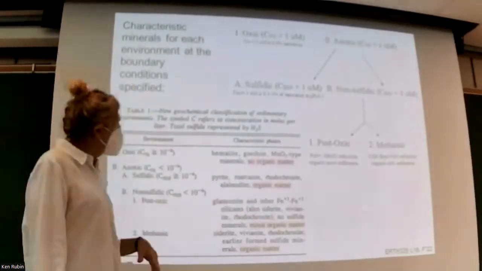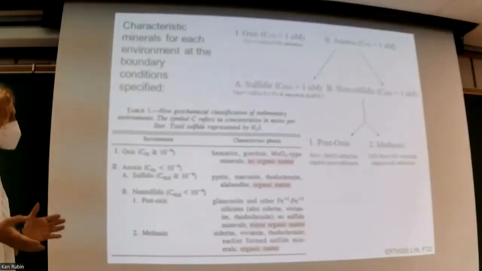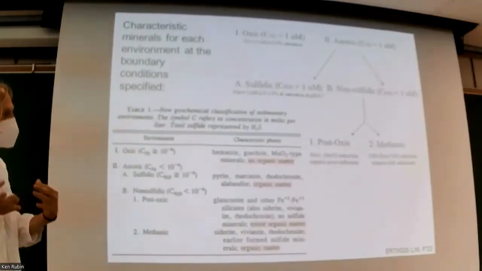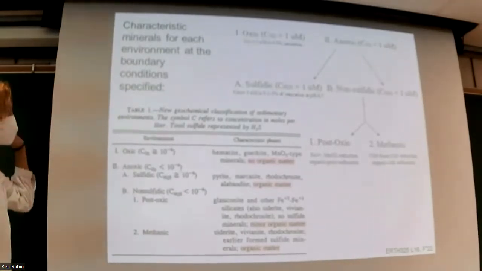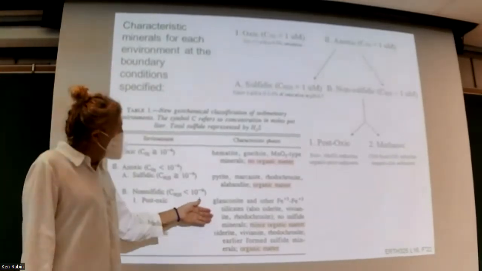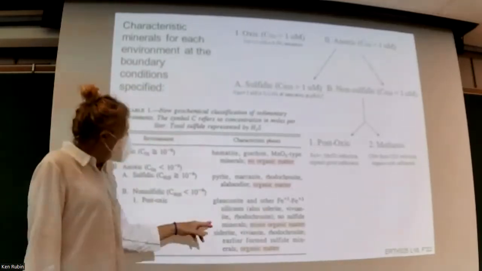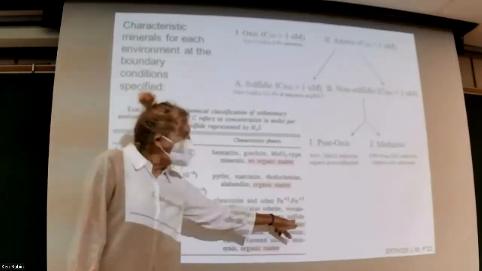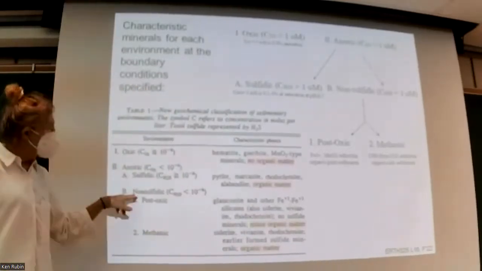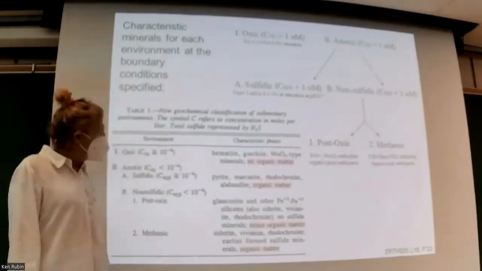It doesn't matter what these names are, but these are sulfide minerals that are common in a lot of environments that have sulfur. We come down here, we've got some amount of siderite, iron carbonate, but what we don't see in this list, we see silicates, but no sulfide, because there wasn't any sulfide.